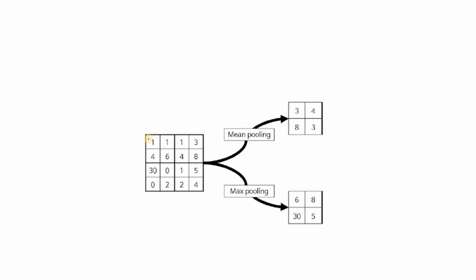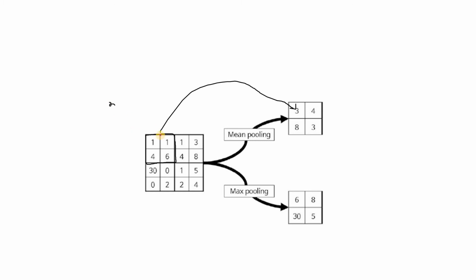You just consider this particular bigger matrix, and pooling we are applying on each 2 cross 2 block. So 1 1 4 6. Now if you take the mean of all these values, 6 plus 4 is 10, plus 2 is 12. 12 divided by 4 is 3. So we are replacing it here by 3. Then here we are applying a stride of 2.